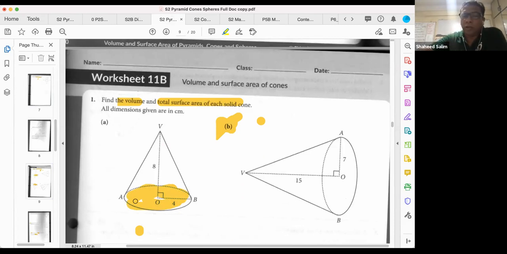Use pi, can be 22/7, can be 3.142, up to you. It's pi r squared, right? We find the area of the circle first, okay?